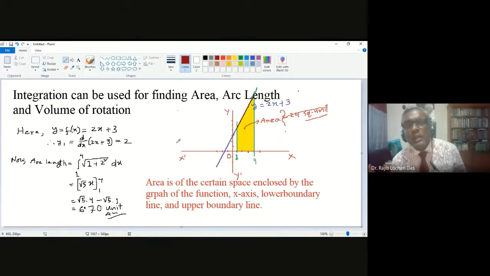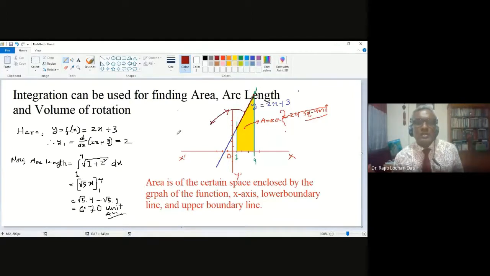The arc length is the length of the line on the graph, and boundary points will be considered. That is the range of the line, from this point to that point. This is the lower boundary of the x value, and that one is the upper boundary of the x value, and only the length of the line will be called arc length.